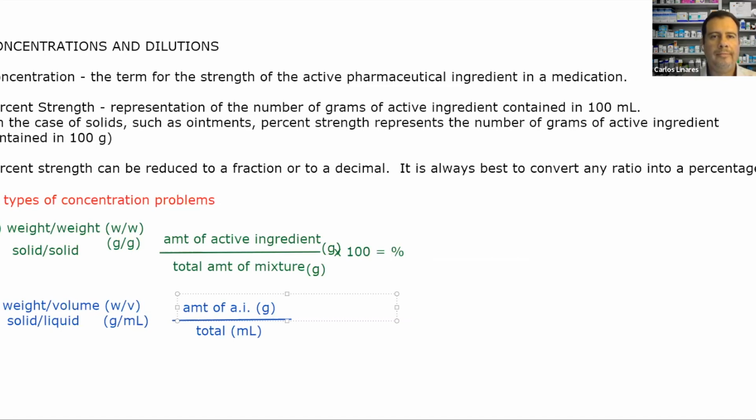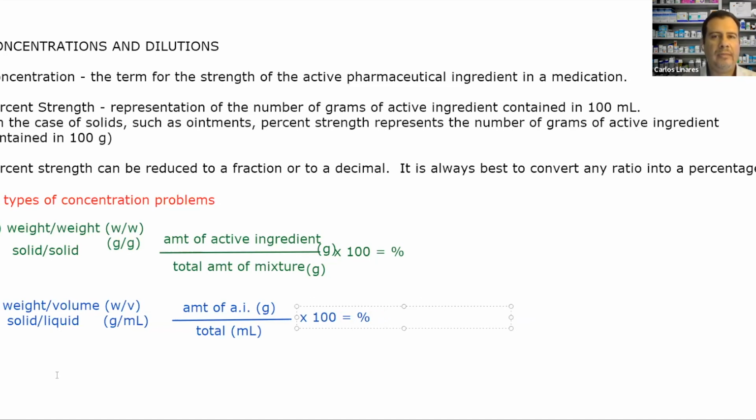Okay, now this is also multiplied out. And then this is multiplied times 100 to give you the percent strength.